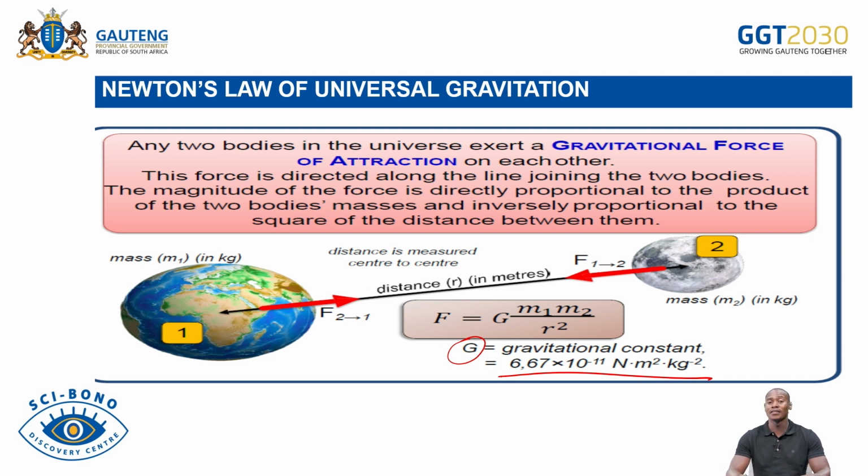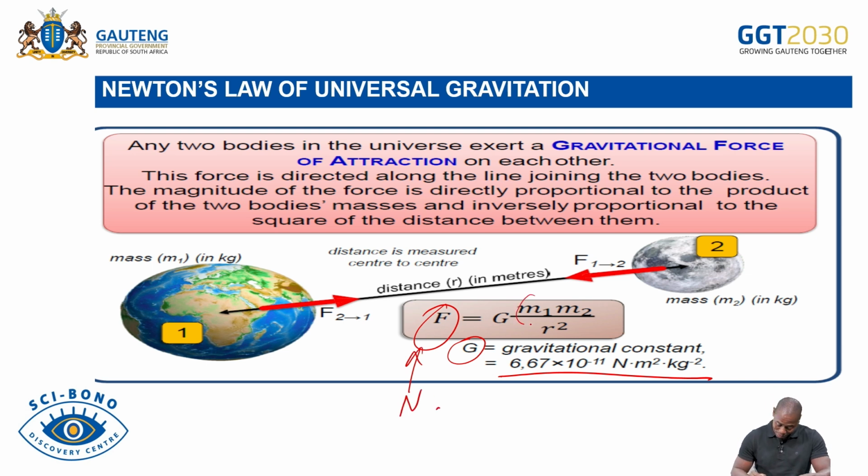So in symbols, they're saying in words, every body in the universe attracts every other body with the gravitational force that is directly proportional to the product of their masses, and inversely proportional to the square of the distance between their centers. So I've talked about G. F here is the gravitational force, which is measured in newtons.